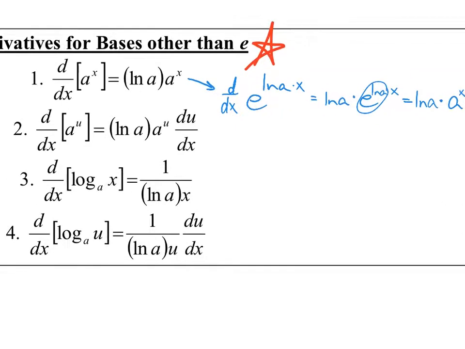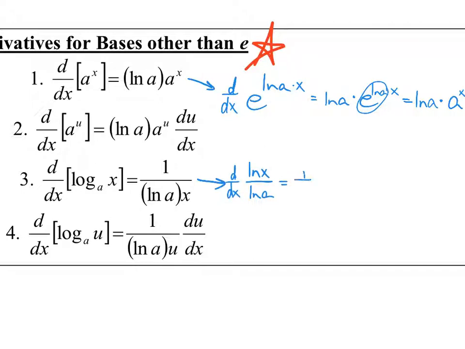Now for our log, remember we can rewrite the log base a of x as ln of x over ln of a, and this is what we were looking at on the very first example today. Okay?